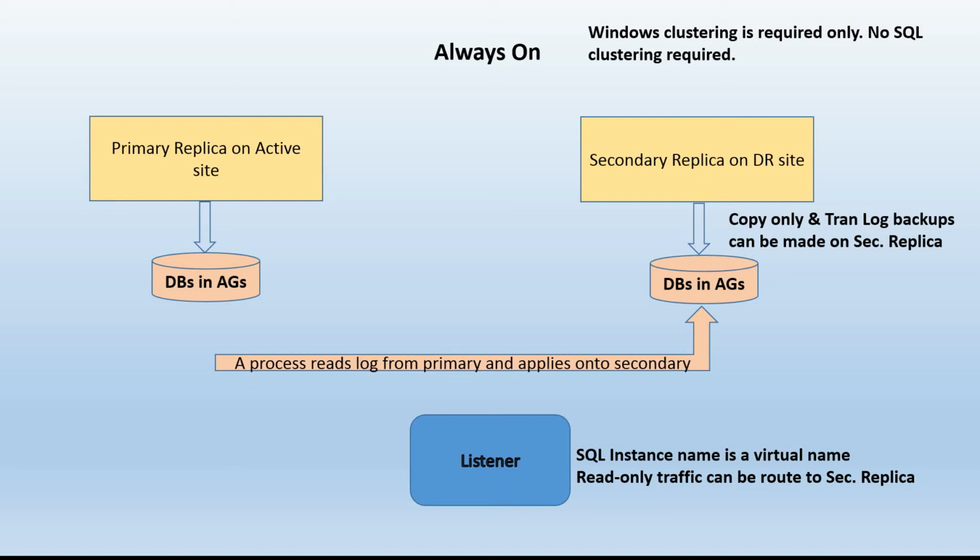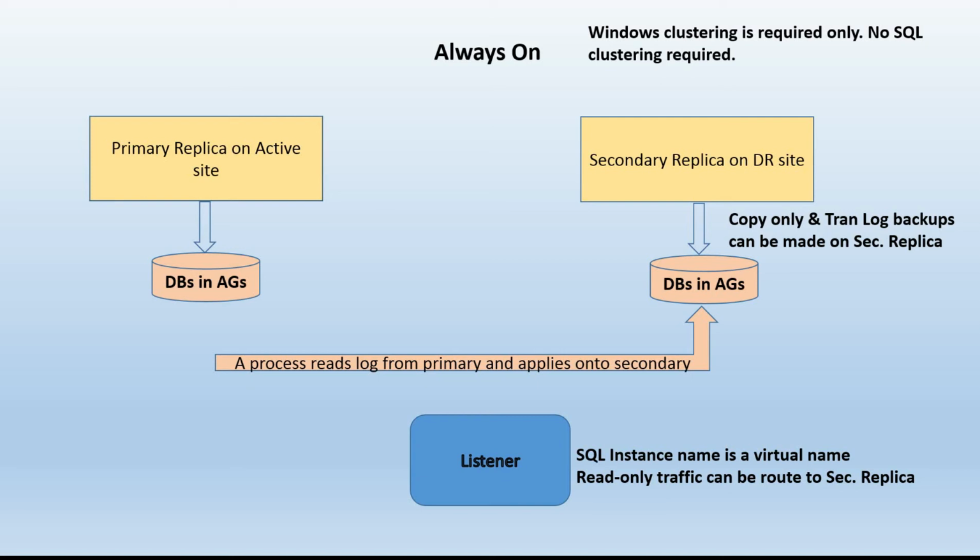So if you want a connection that requires read and write, it will direct your connections to the primary replica. But if you have a secondary replica which is configured to read the data only, and if you specify in your connection string that you just want to read the data, then the listener will direct your traffic to the secondary replica.